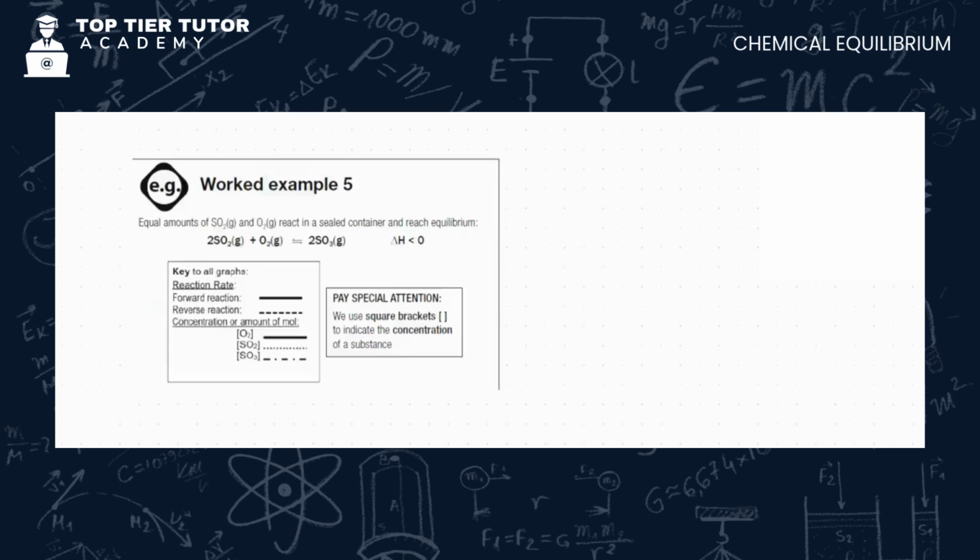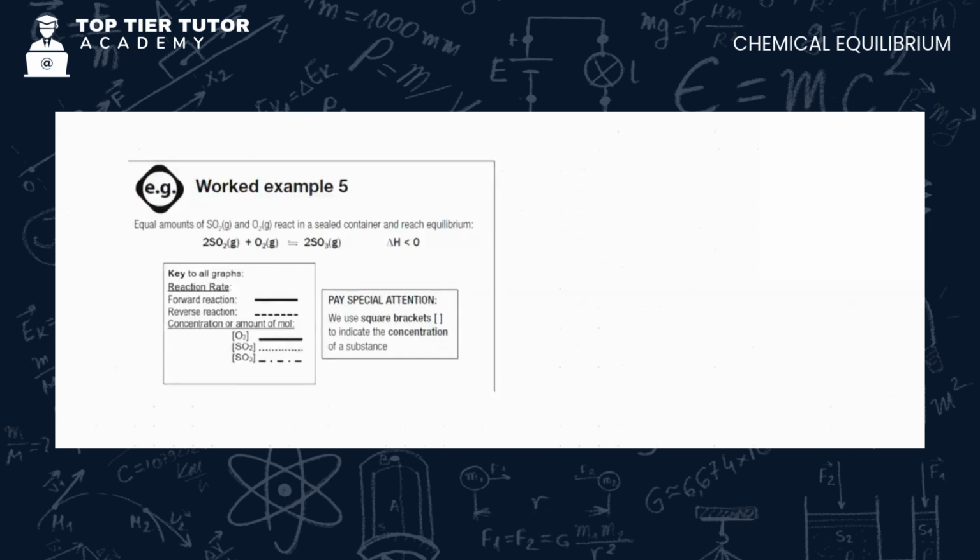The concentration of oxygen would be shown with a solid dark line. The concentration of sulfur dioxide is going to be shown with equally sized dots, whereas the sulfur trioxide will have length, dot, length, dot, and length and dot.